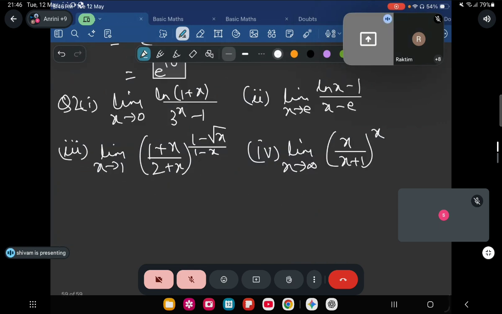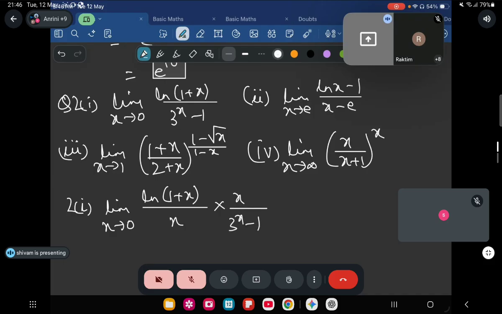Everyone, let us start. 2 part 1. Let us convert it into standard form. This will become limit x tends to 0, ln 1 plus x. Then we have to divide it by x to convert it into standard form, so multiplied by x divided by 3 to the power x minus 1.